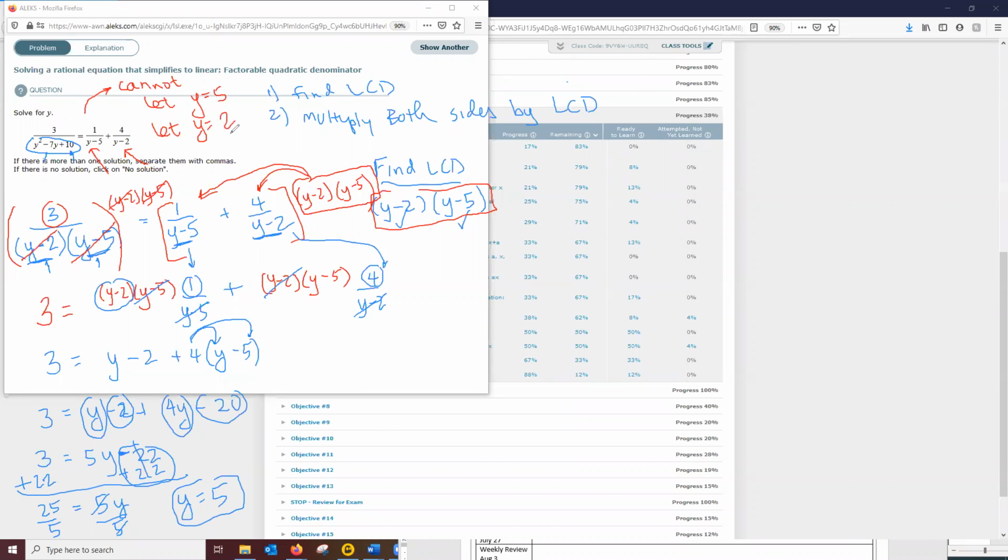Because if I do, that would result in division by 0. So my answer of y equals 5 is actually not valid. Because if I plug in y equal 5 back in the starting equation, I'll end up with division by 0, which is not allowed. So it turns out for this example, it's a little tricky, but there's no solution.